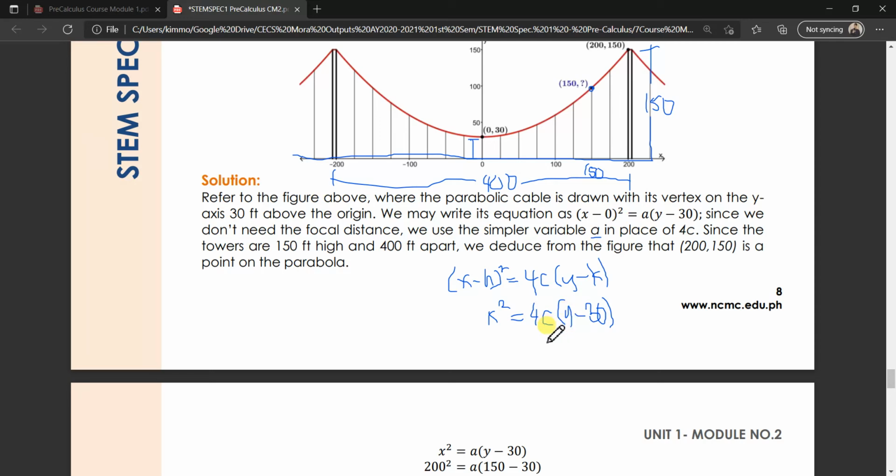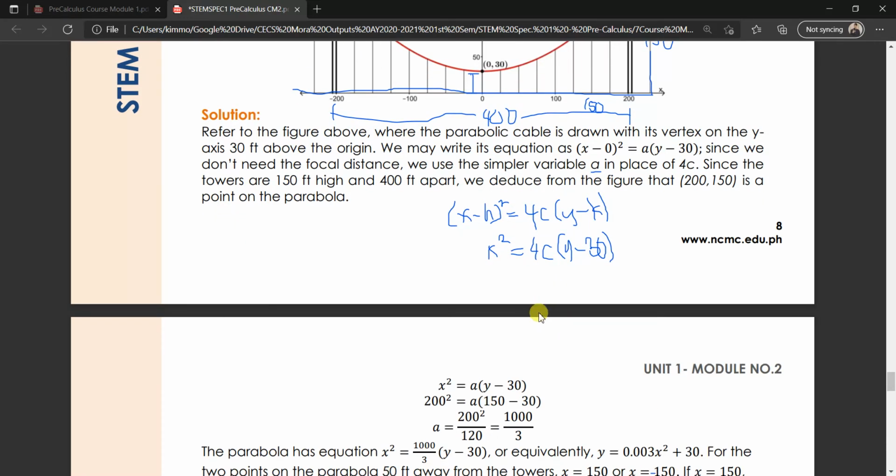So the reason for that is para dili ta malibog. So dili ta malibog nga kwaon pa ba nato ni si 4c or dili na. So we can simply write x squared. So instead of writing 4c, isulat na nato siya a. So a times y minus 30. So this is just the same. Where, pwede nato nasulatan a is equal to 4c.